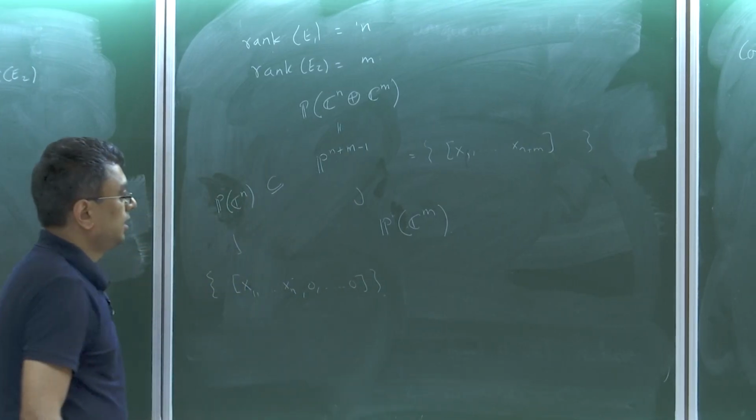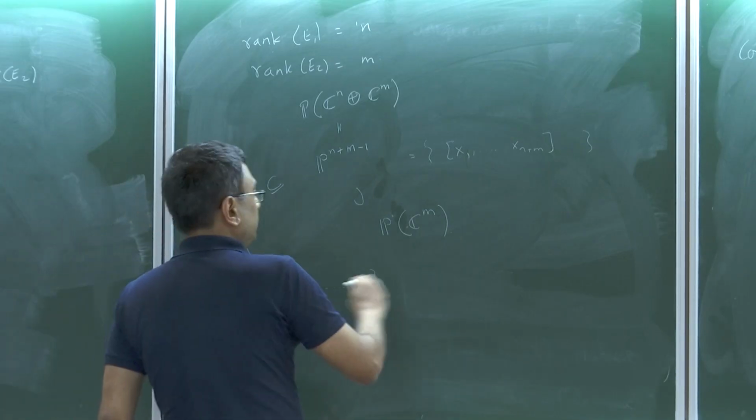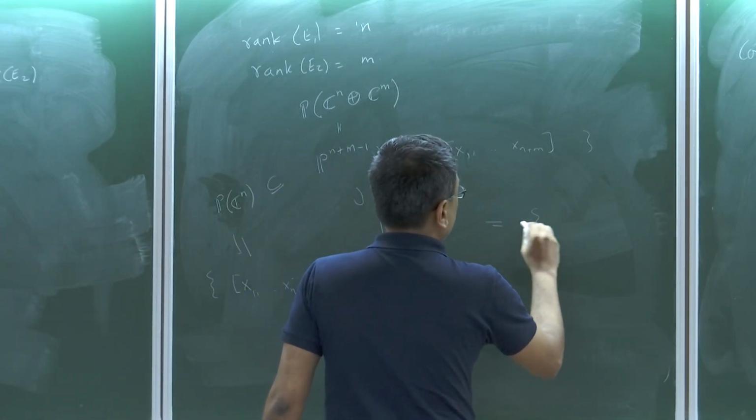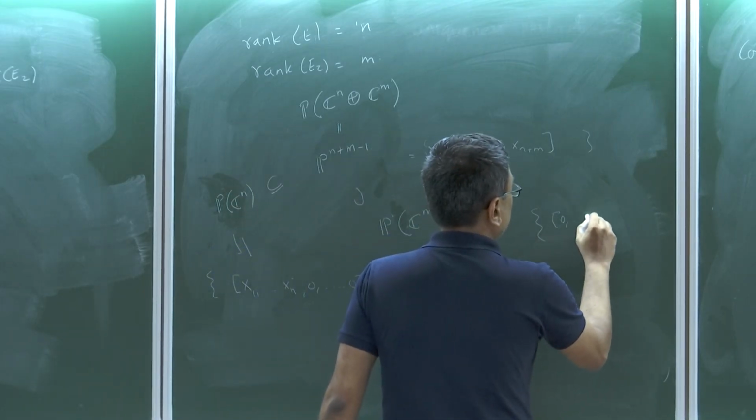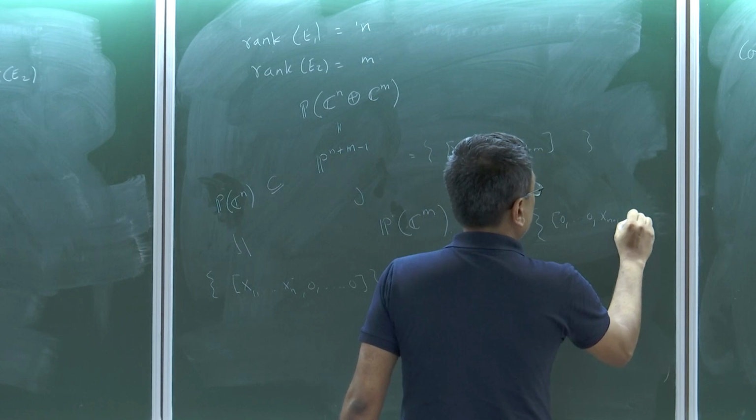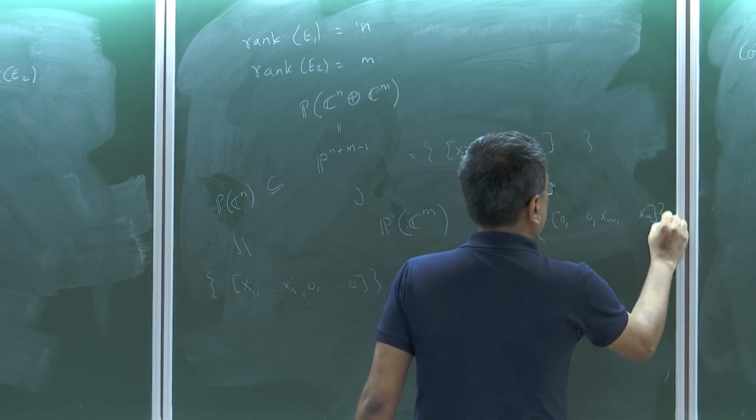Right? And what is this? This is the set of points where the first n coordinates are 0. So this is 0 and then x n plus 1 up to x n plus m, right?